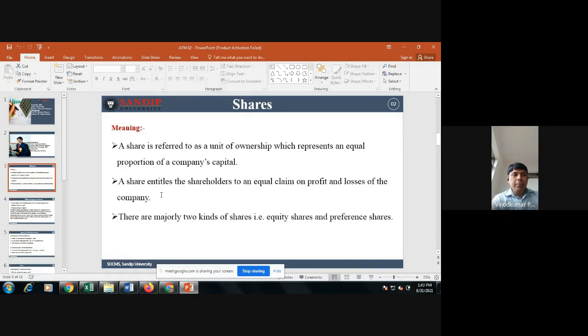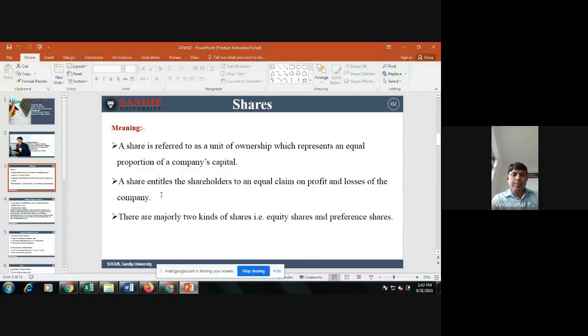There are majorly two kinds of shares: equity shares and preference shares. Now, what is equity and what is preference? Suppose the company is going to liquidate, we are closing the company. We sell the assets of the company, and whatever payments we get from selling the assets, we have to repay our liabilities.